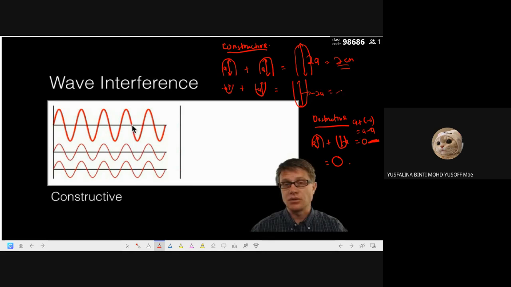So I will get negative 2 cm. But for destructive, let's say this one is positive 2 cm, and this one is negative 2 cm. So 2 cm plus negative 2 cm, you will get 0. Okay, so this is actually the interference. When two sources of waves overlap with each other, we call it the interference.